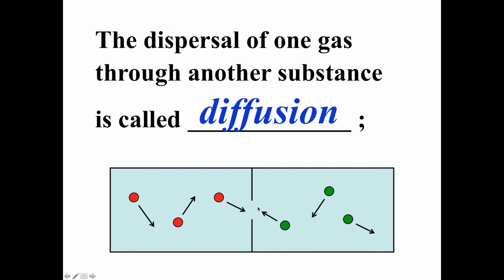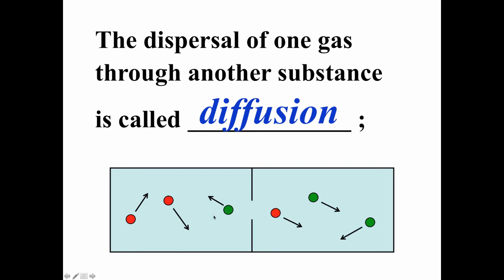So if we open up a little hole in the wall between the two containers, we'd expect red gas molecules to make their way into the right side container and green gas molecules to make their way into the left side container. And this diffusion process would continue until there's an even mixing of gas molecules throughout.